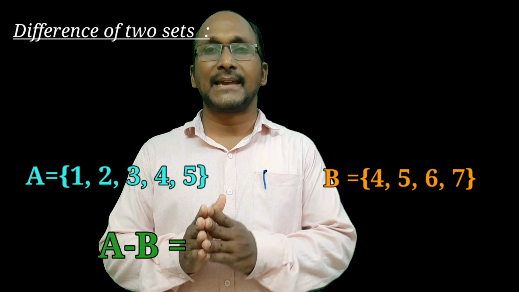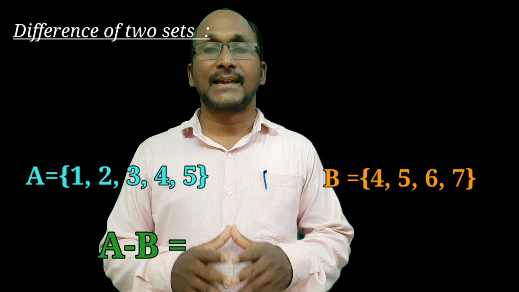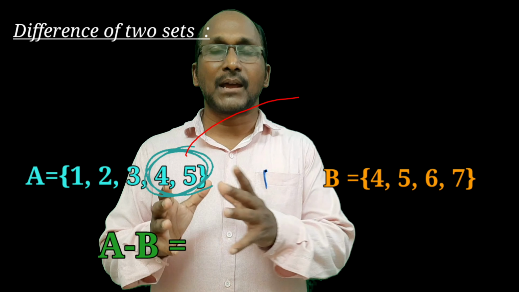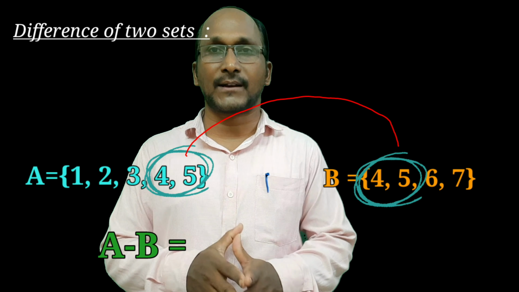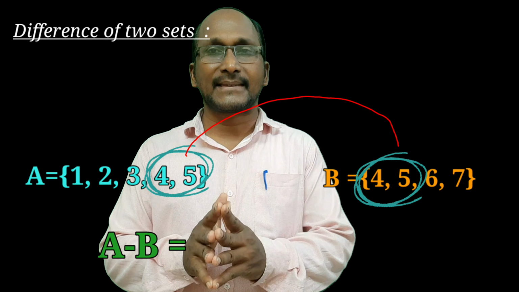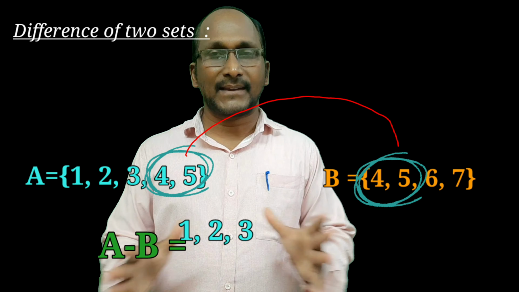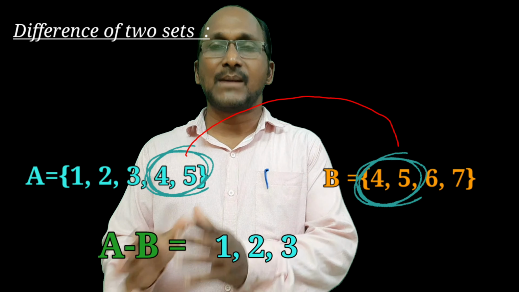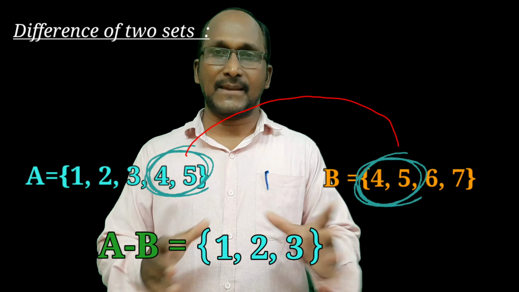Very clear. They are the elements 1, 2 and 3. Because the elements 4 and 5 belong to second set B. That's why we should not consider the elements 4 and 5. So for A minus B, we have to consider the elements 1, 2 and 3 only. Finally, we can say that A minus B is equal to set of 1, 2, 3.